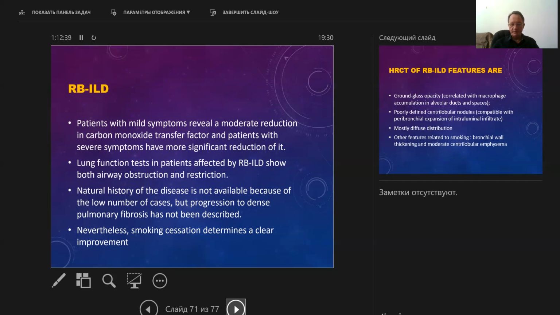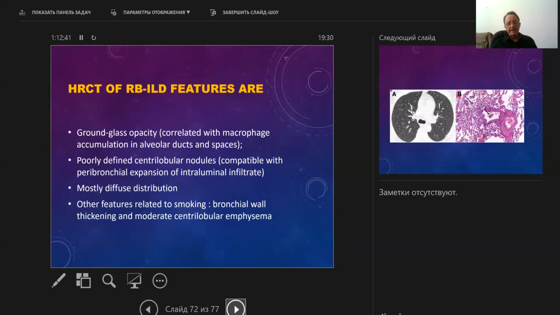determines a clear improvement. High-resolution CT scan features are ground glass opacity, correlated with macrophage accumulation in alveolar ducts and spaces, poorly defined centrilobular nodules compatible with peribronchial expansion of intraluminal infiltrate, mostly diffuse distribution.